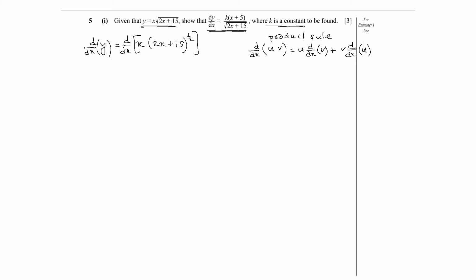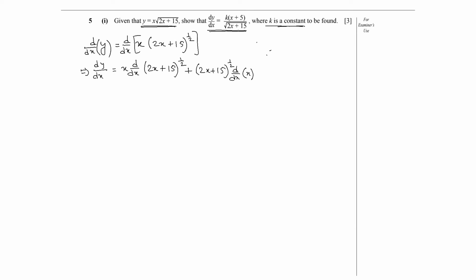Now using the product rule, we can write dy over dx is equal to x times d over dx of (2x plus 15) whole to the power half plus (2x plus 15) whole to the power half times d over dx of x. Now let's erase that part where we have shown the product rule and then continue with our math.